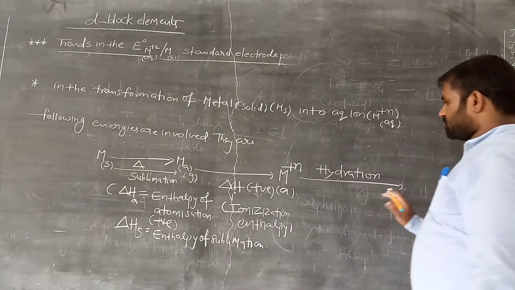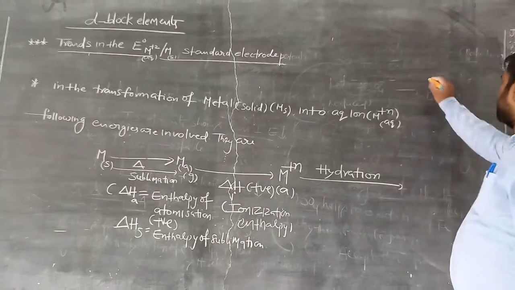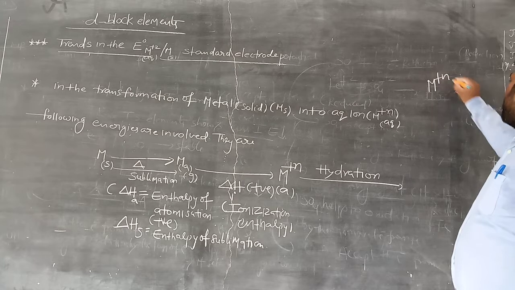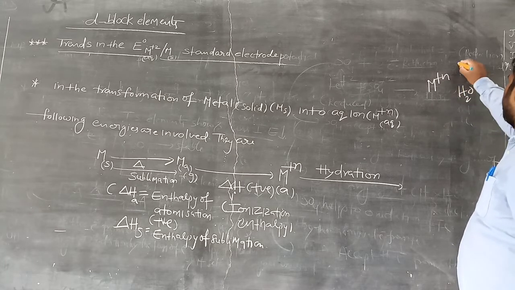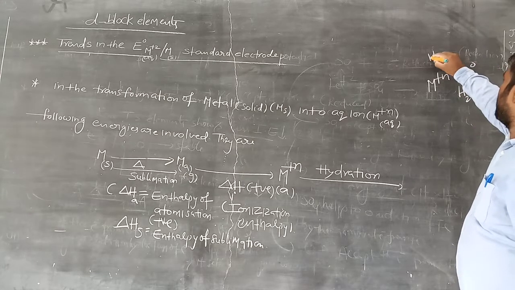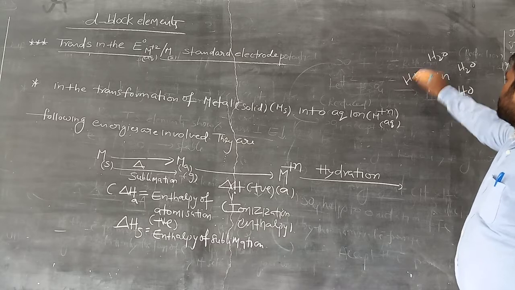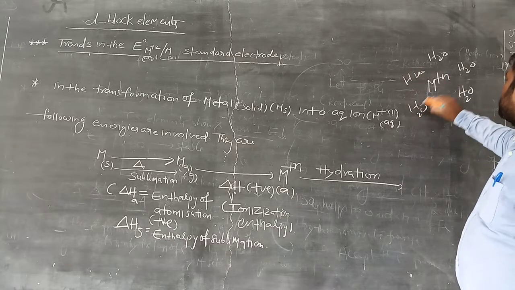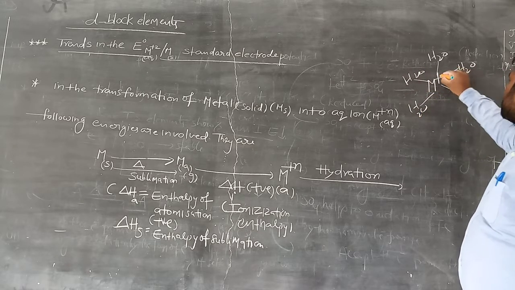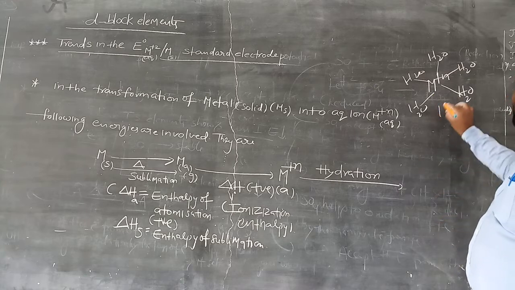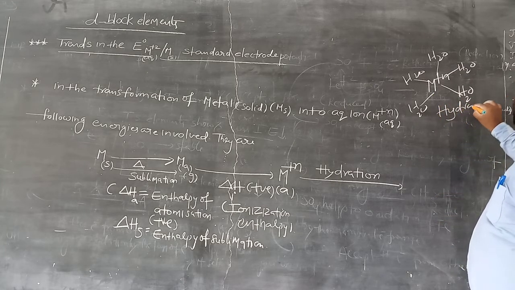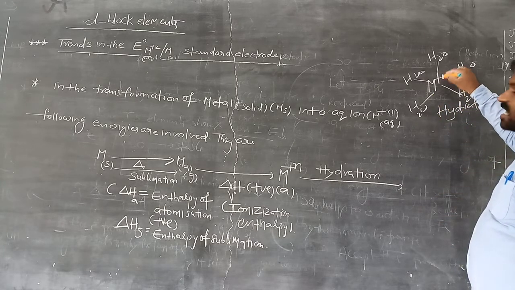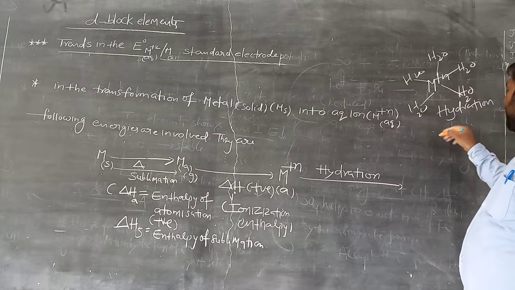And what about this? Hydration means the M n plus ion in water, these are water molecules. The interaction with these water molecules is called hydration. In this phenomenon, these ions dissolved in water release some heat energy.